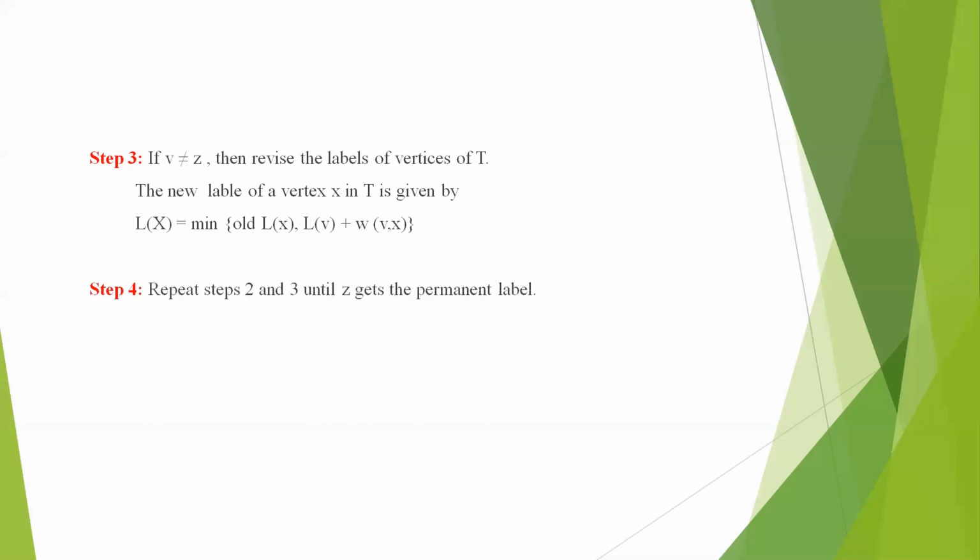Then in step 4, we repeat steps 2 and 3 until Z gets the permanent label.